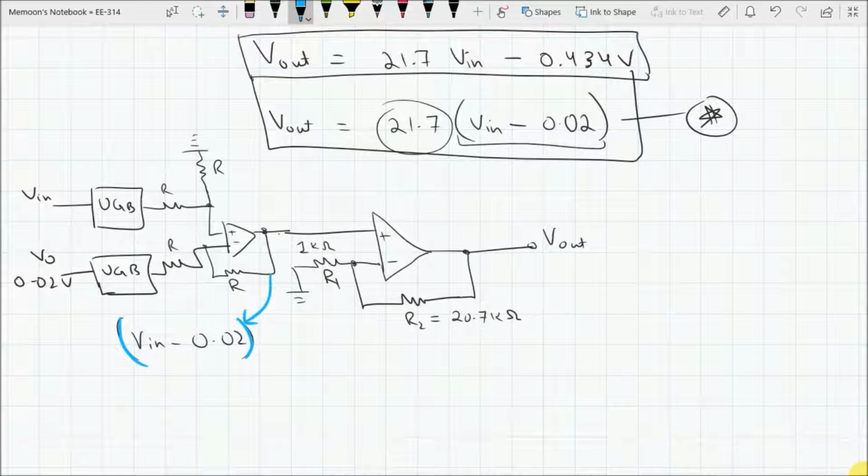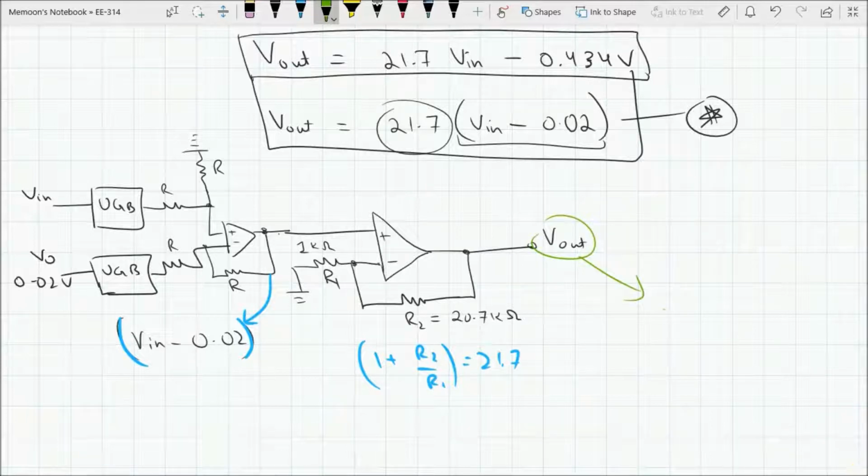And then multiply all this by 1 plus R2 over R1, and that is equal to 21.7. So at the output we get 21.7 into V in minus 0.02. So this is one of the simplest signal conditioning circuits that we can design.